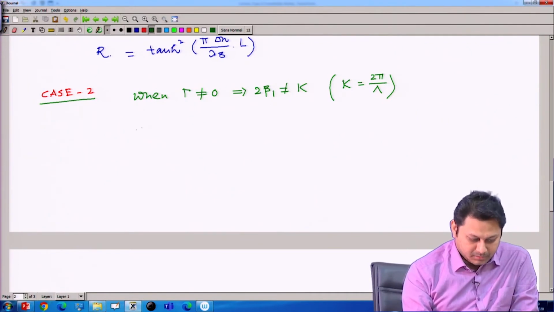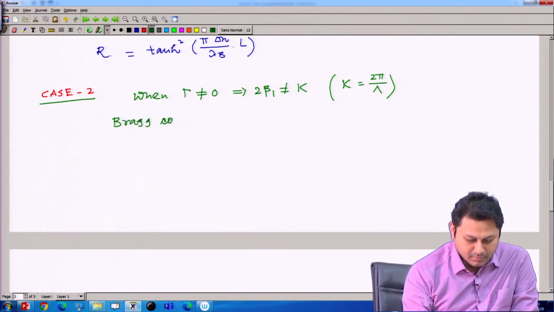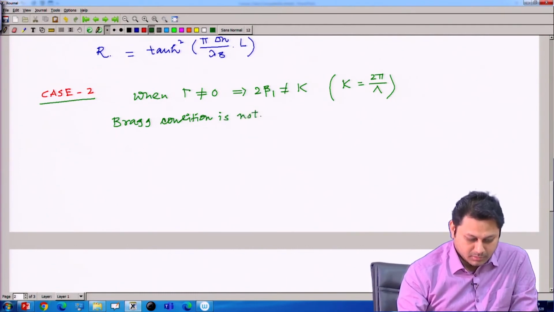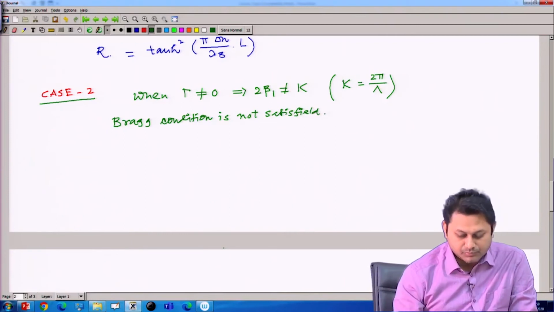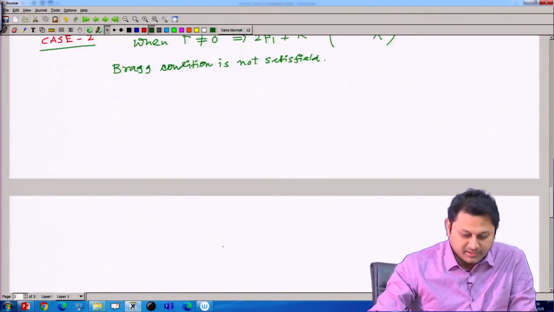So, that means the Bragg condition is not satisfied.